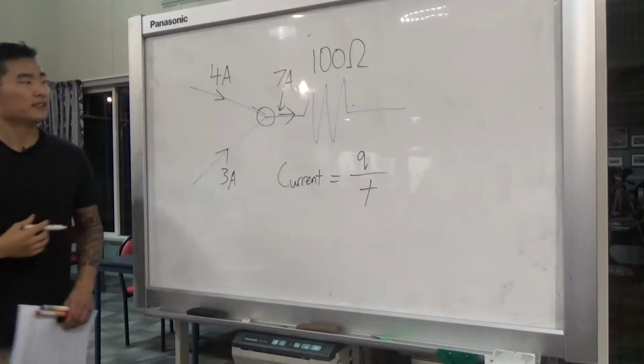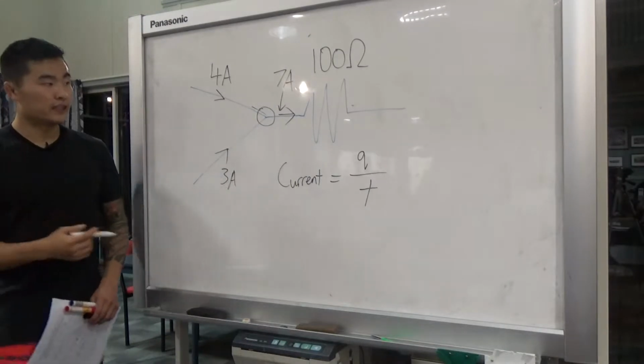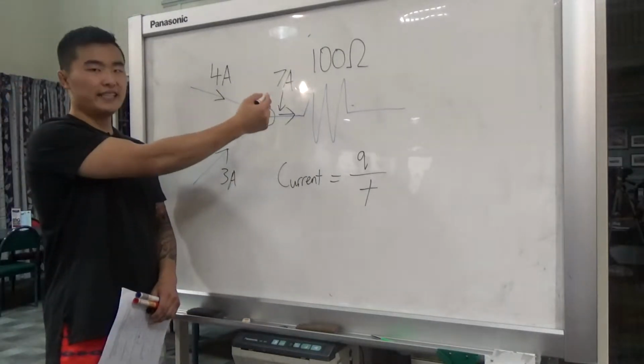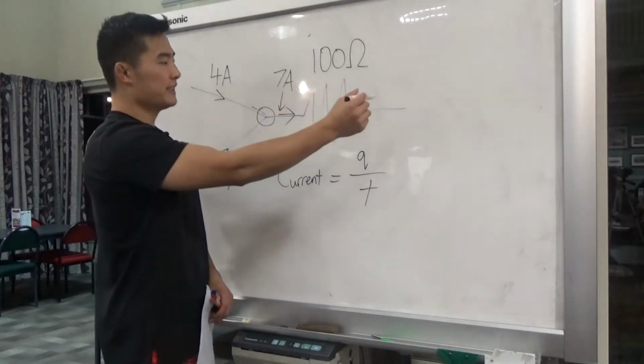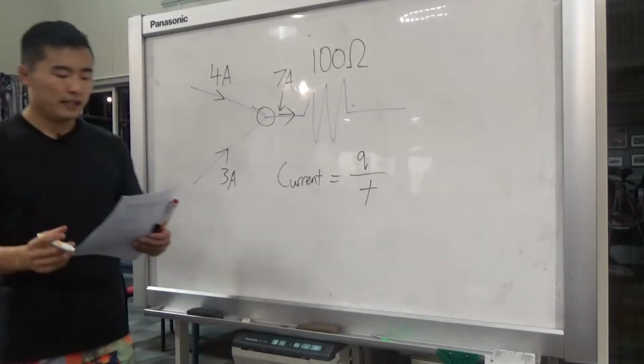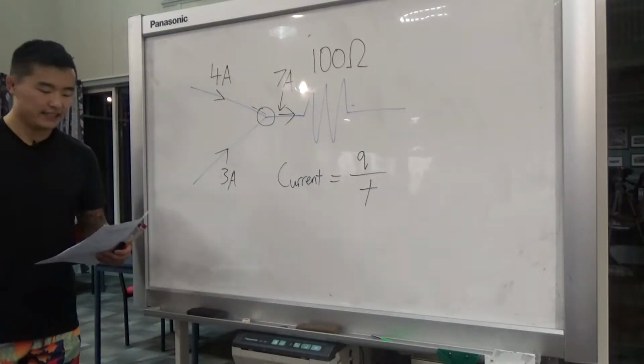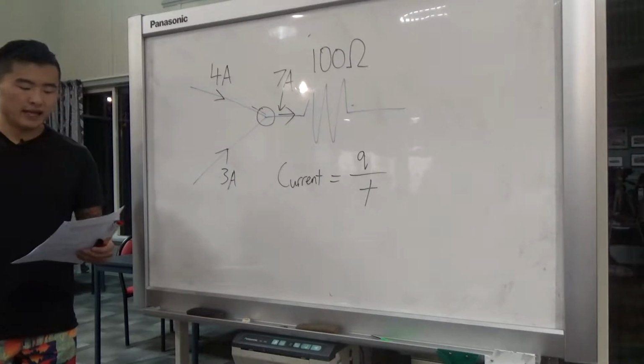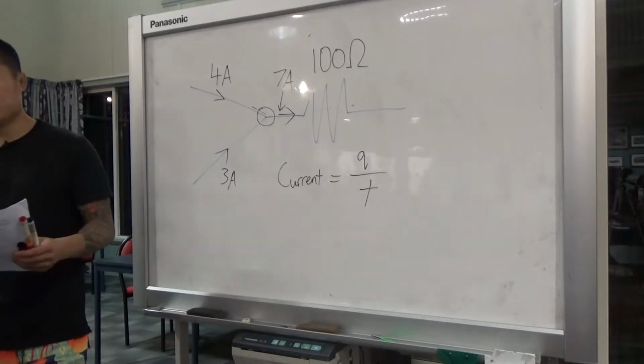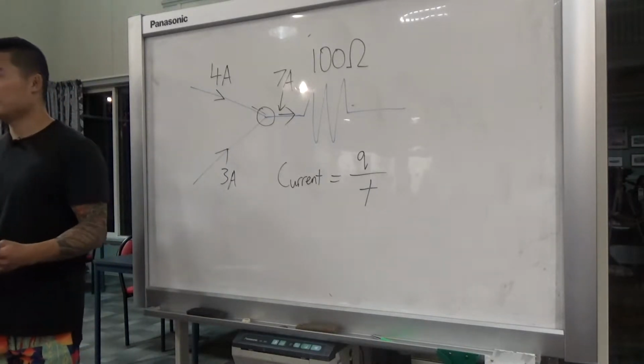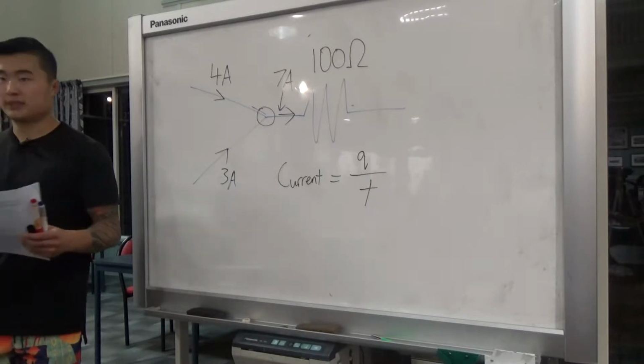So there's going to be 7 coulombs per second going through this resistor. And what we want to find out is how much heat is being dissipated per second. If they talk about rate, it's talking about how much energy is being used per second.